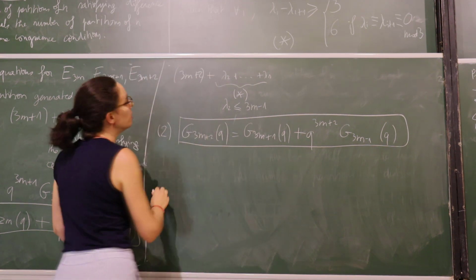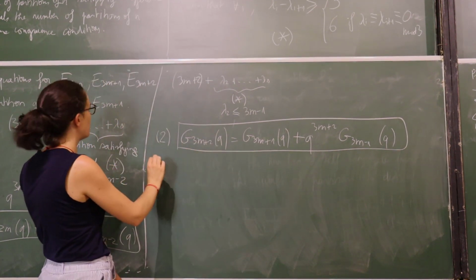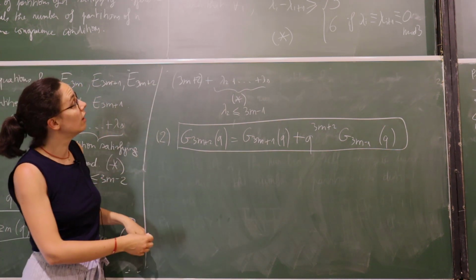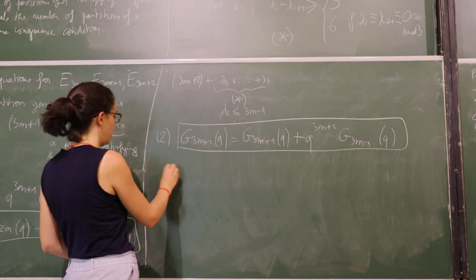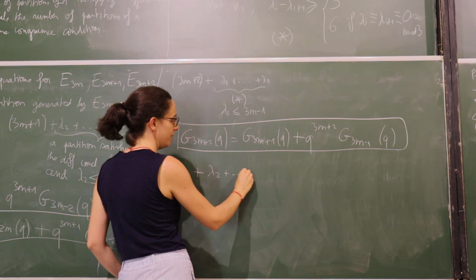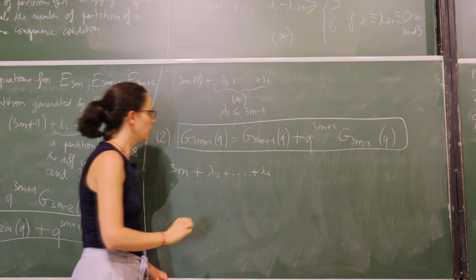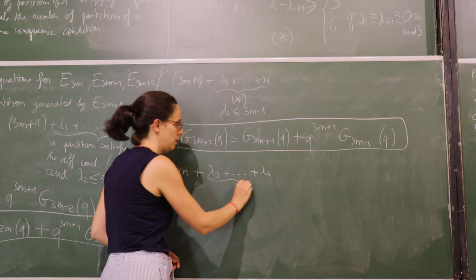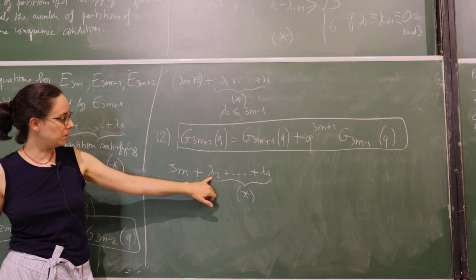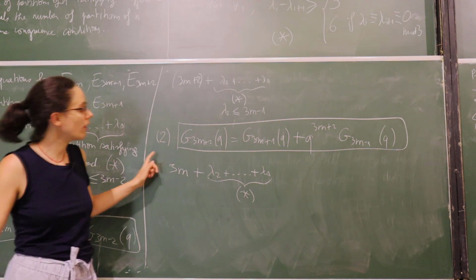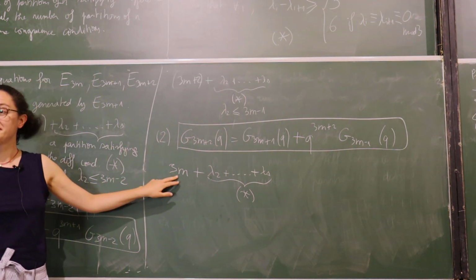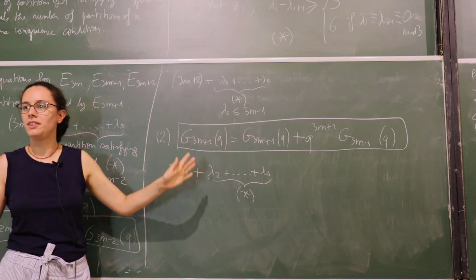And let's do the last case with slightly more detail. So now we consider a partition whose largest part is a multiple of 3. So we have something like 3m plus, again, some other partition. And again, this partition will satisfy the difference conditions. But now you have to be a bit careful for the lambda 2. So 3m is divisible by 3. So if lambda 2 is not divisible by 3, that's okay.